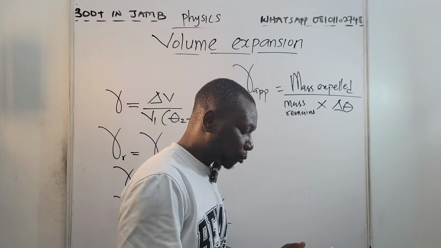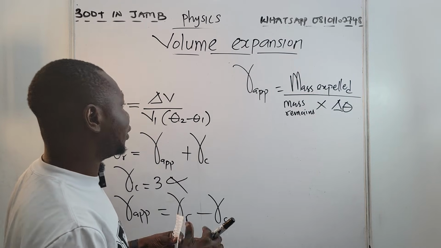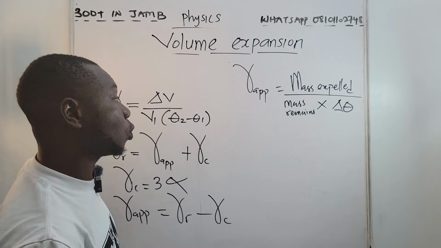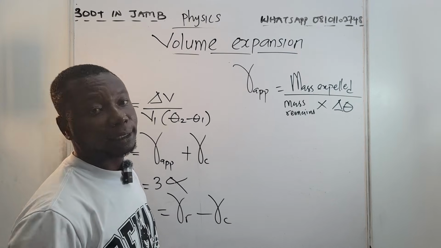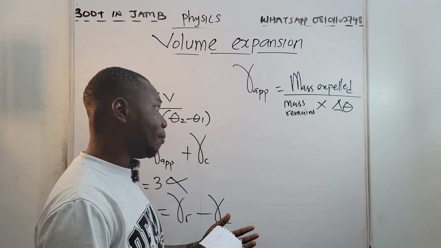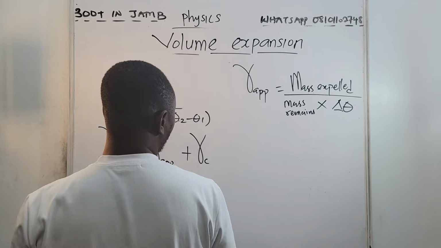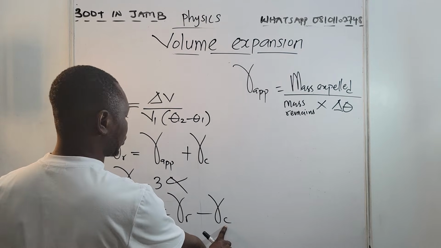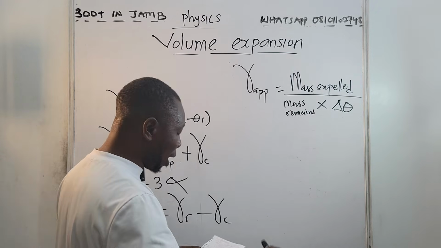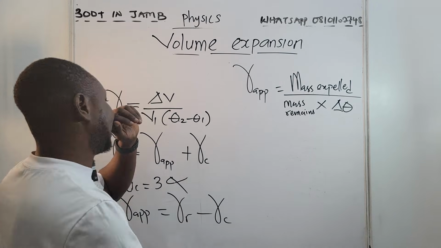During the heating of the fluid and the container, we need to understand that the container also undergoes expansion. If the material is made up of glass or metals, they equally undergo expansion. That is why you have gamma subscript C and gamma subscript R. This gamma subscript R is the actual increase in volume of the liquid when heated.